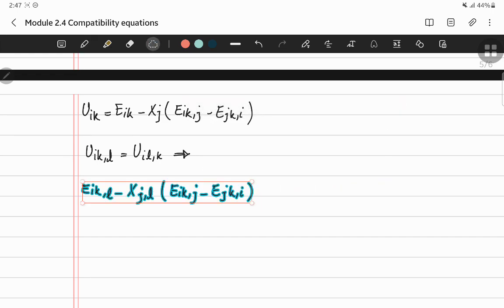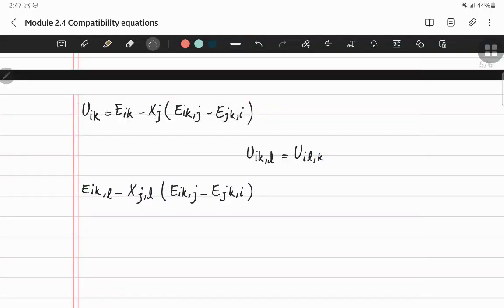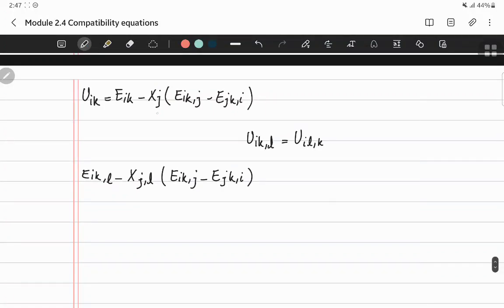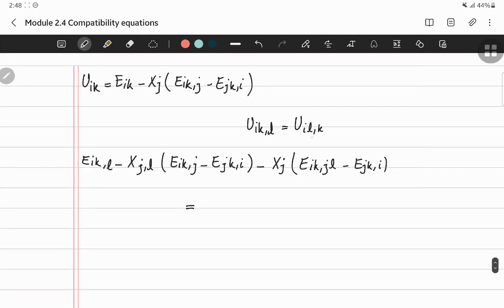I take this down. I have the differentiation of this with respect to l times this one, then I have this one times the differential of this with respect to l: minus x_j e_ikj,l minus e_jki,l is equal to, here I have to swap i and l.